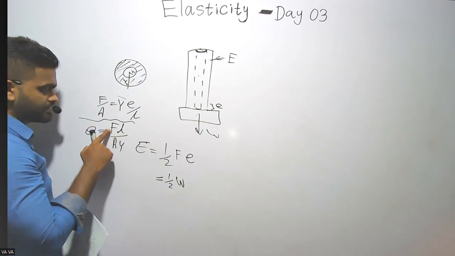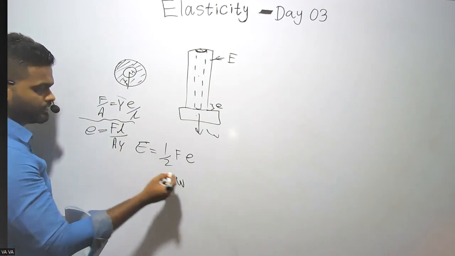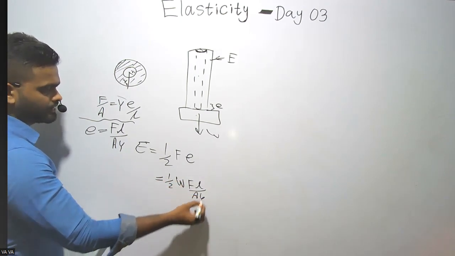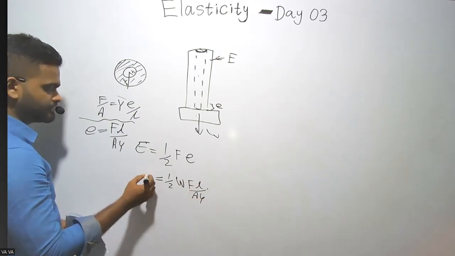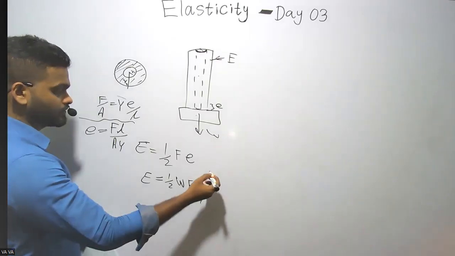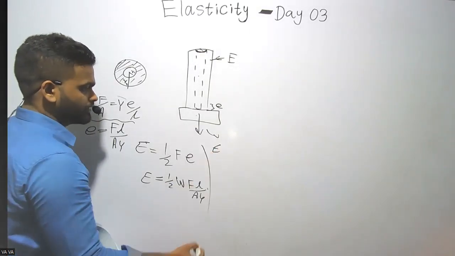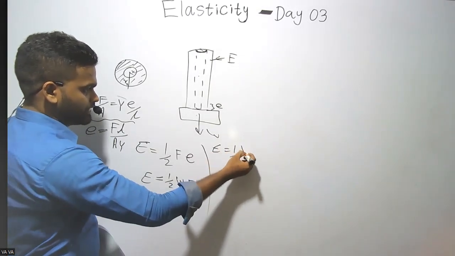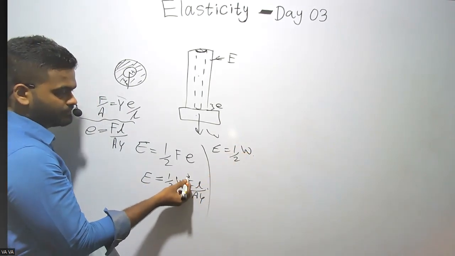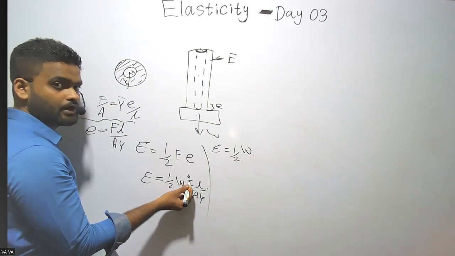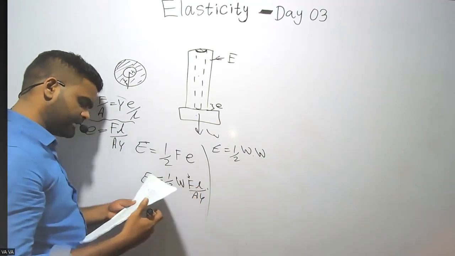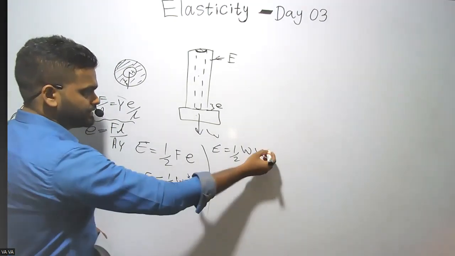So extension is FL divided by AY. We have this expression, but you have to relate it to the question. Half W is in the question. Here the force also is W, so instead of F, you have to use W. Length, is it given? Yes, they say capital L.